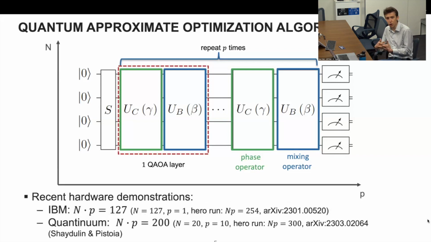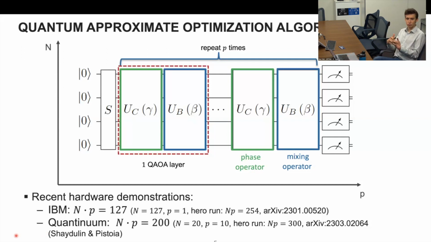To give you a sense of how close we are to running this on hardware, you can think of the size of the QAOA circuit you have executed as the product of the number of qubits n on the y-axis, and the number of steps of optimization, the number of these pairs of alternating operators p.